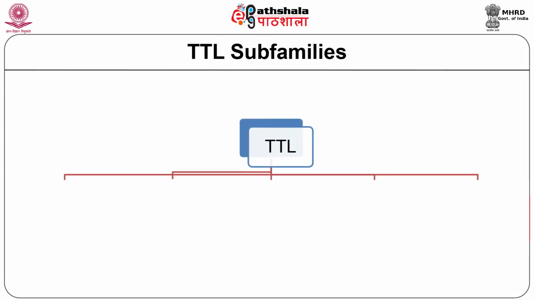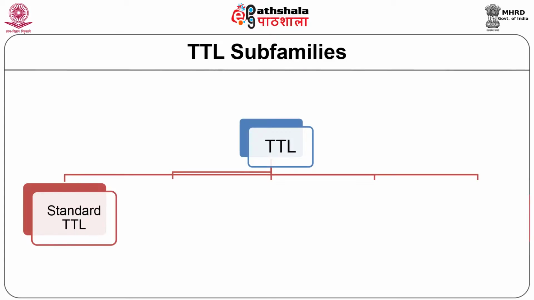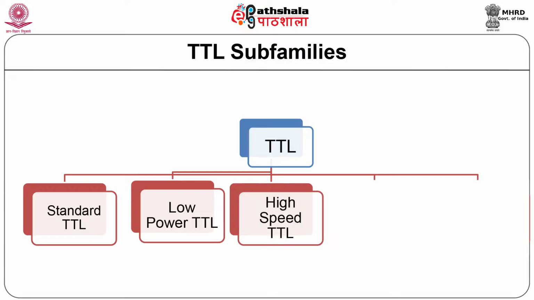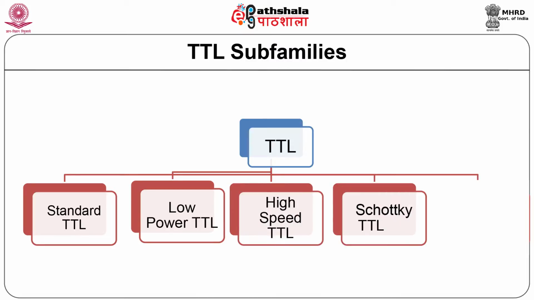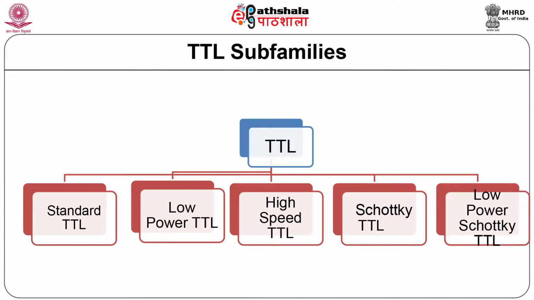The subfamilies are, we know, standard TTL, low power TTL, high speed TTL, Schottky TTL, and low power Schottky TTL. These are different subfamilies based on the performance parameter, that is the figure of merit.